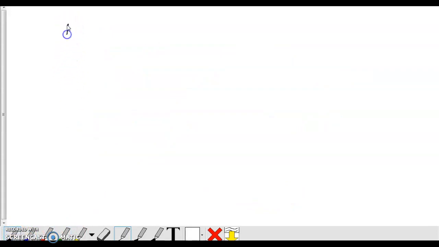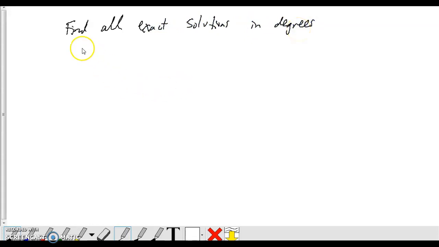Let's do it in degrees this time. So find all exact solutions in degrees. For this problem, tangent of x plus 2 is equal to 3. This is our second example.